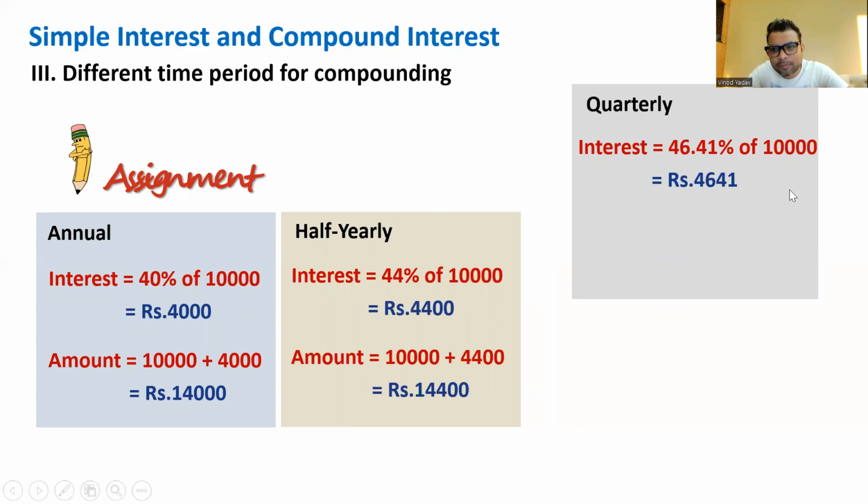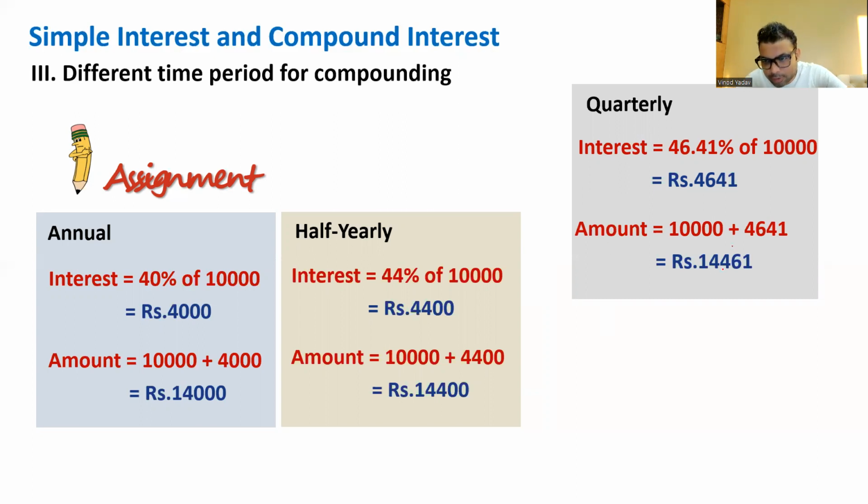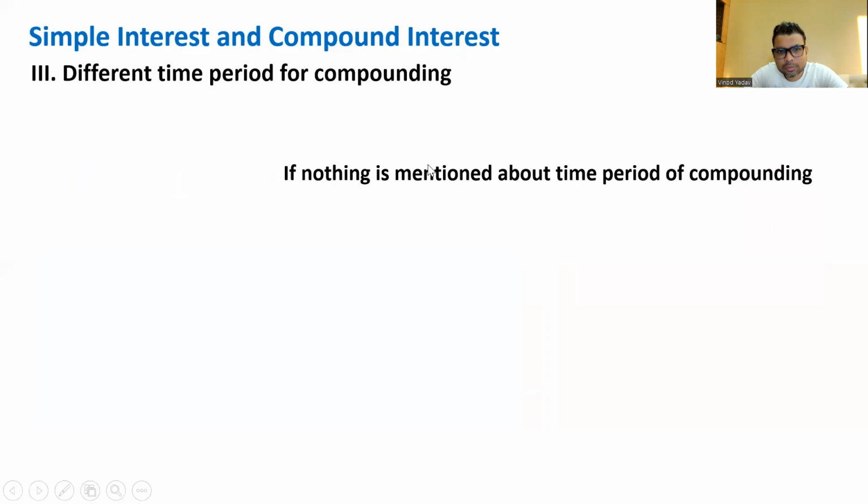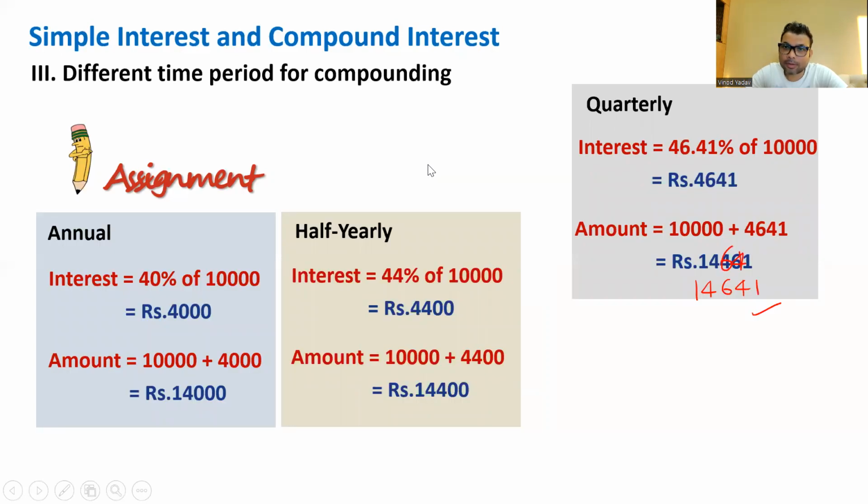Common sense. So amount will be what? 10,000 plus 4641. It is 641, huh, friends? So 14,641. All right. Understood? Yeah. At least these three ways: annually, half yearly, and quarterly.